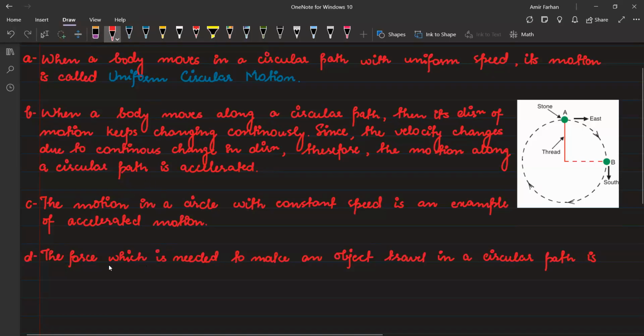Okay. So this force will always act when some sort of circular motion is there. Okay.